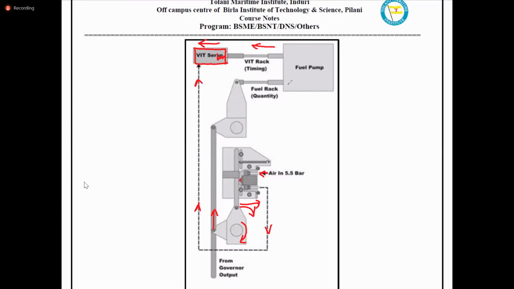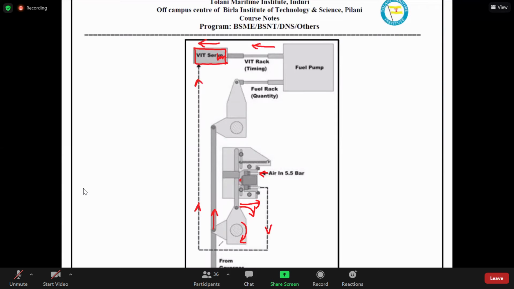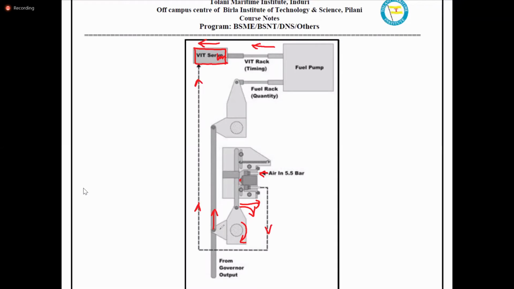When the governor load keeps on increasing, there'll come a time that this mechanism is made in such a way that when the load reaches 85%, beyond 85%, the moment it crosses, the air pressure will start to increase. That is not very clear from this drawing.